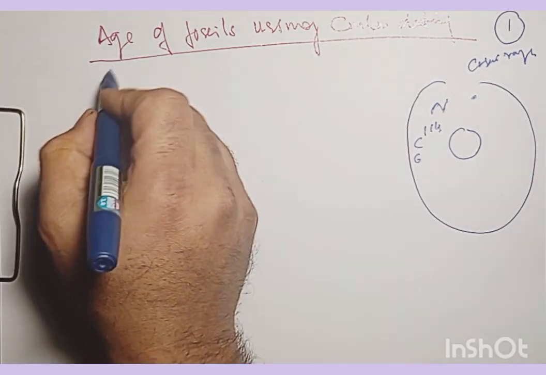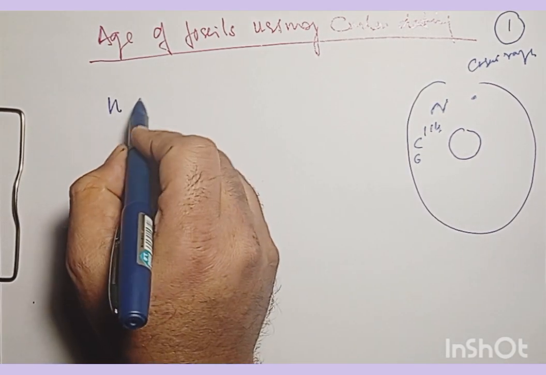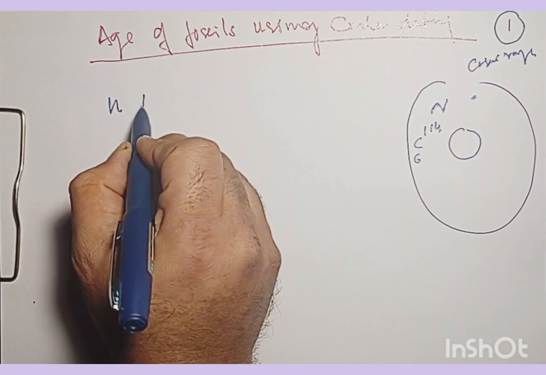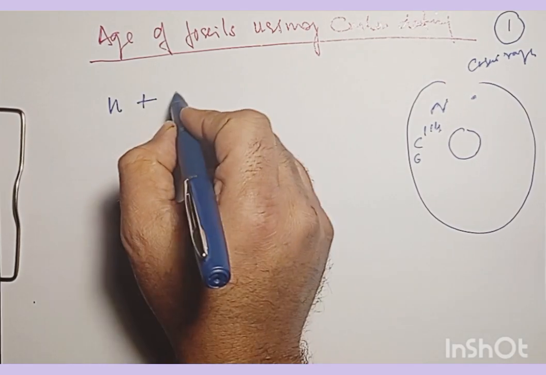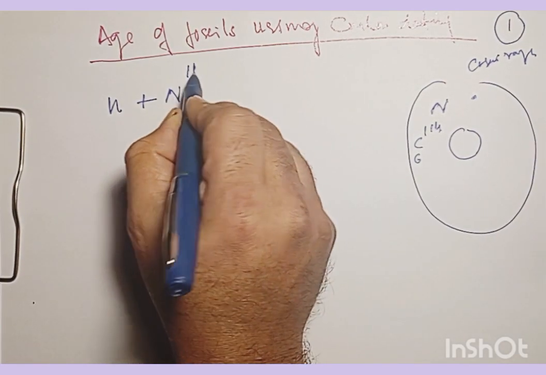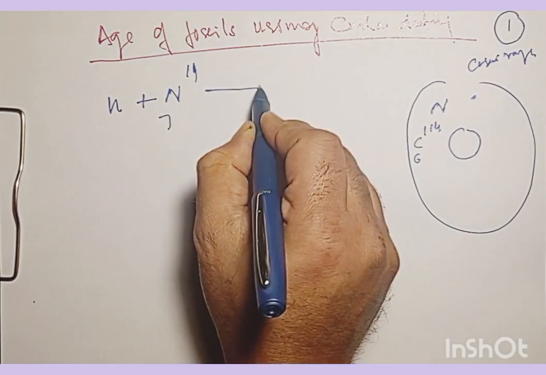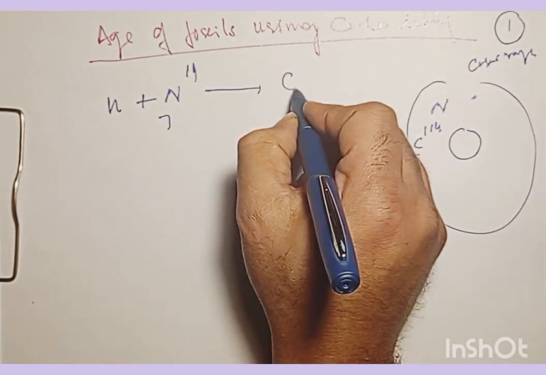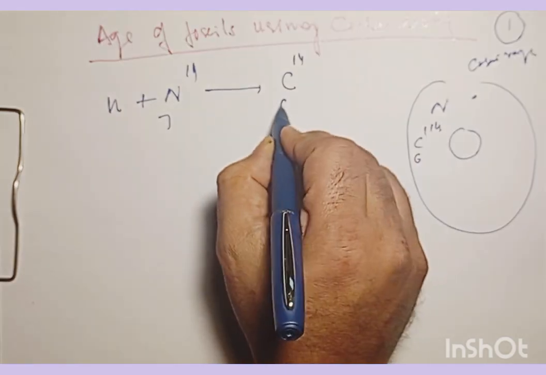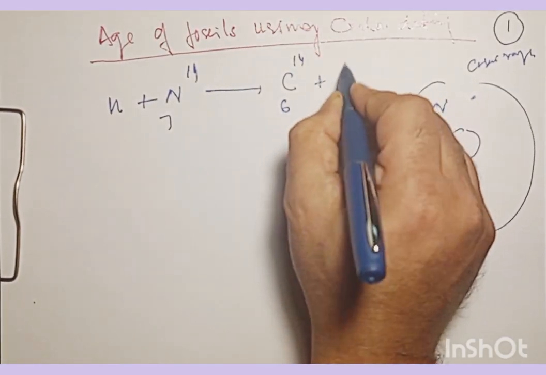So what we have is neutrons coming from cosmic rays from outer space, hitting nitrogen, and creating the radioisotope of carbon and a proton.